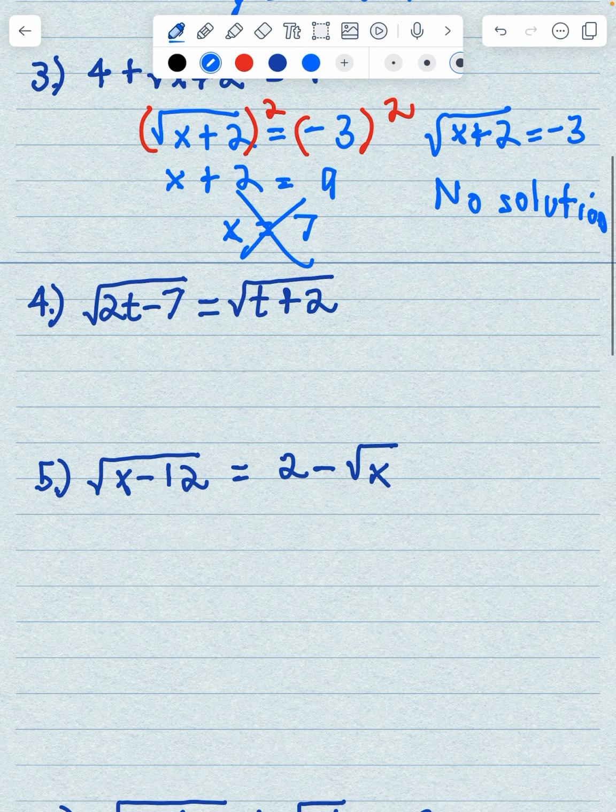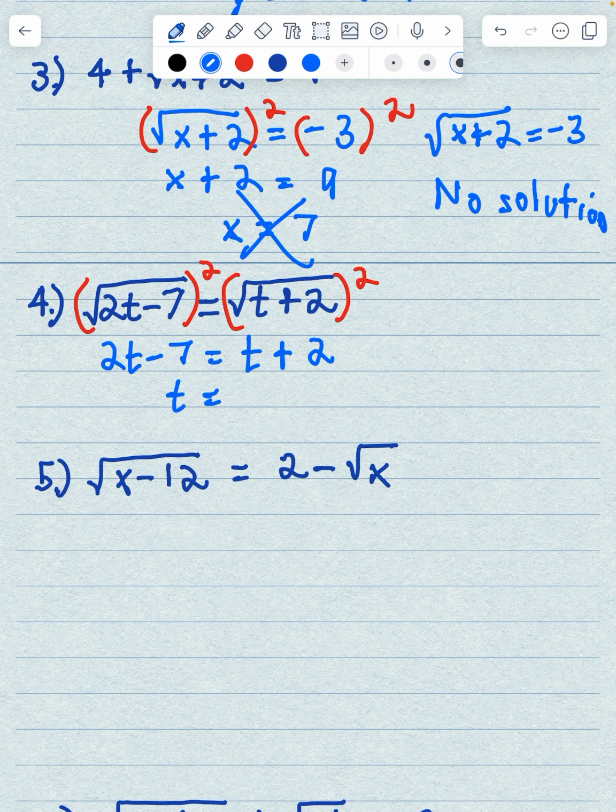Number 4, this time we have two radicals, but the good news is they're both already isolated because there aren't any additional terms on either side. So squaring both sides actually removes the radical, and we have the quantity 2t minus 7 equals t plus 2, and if we subtract t from both sides and add 7 to both sides, we get t equals 9.